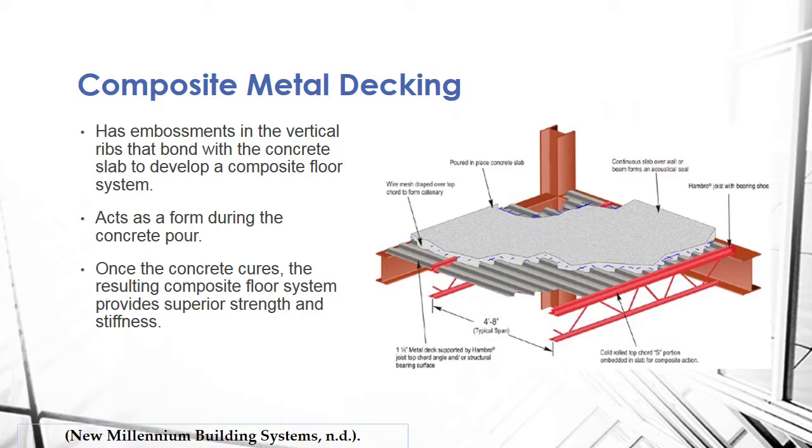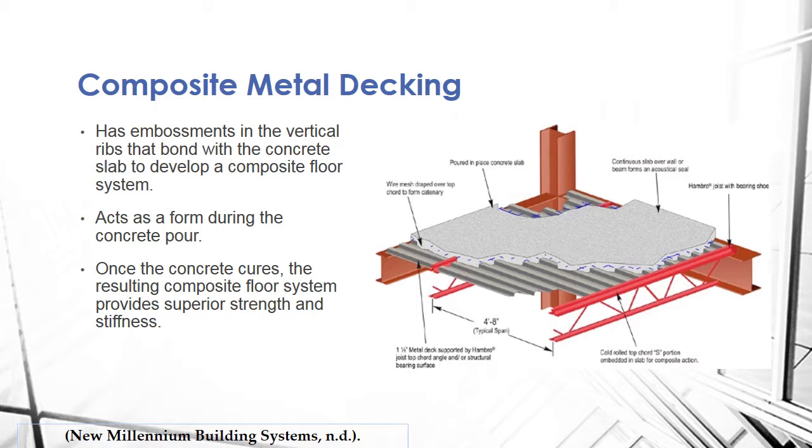Composite metal decking has embossments in the vertical ribs that bond with the concrete slab to develop a composite floor system. Acts as a form during the concrete pour. Once the concrete cures, the resulting composite floor system provides superior strength and stiffness.